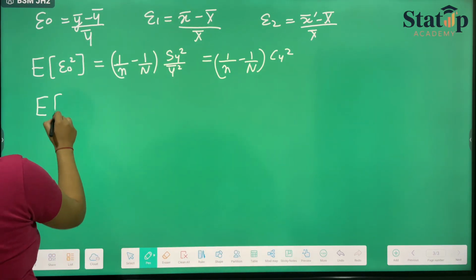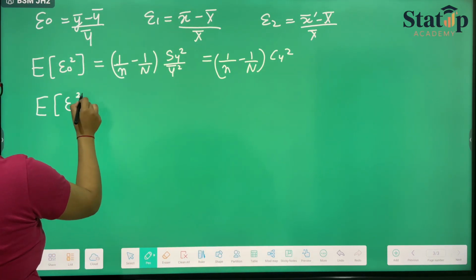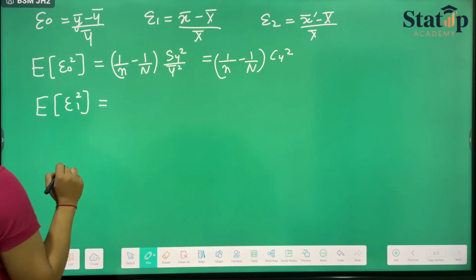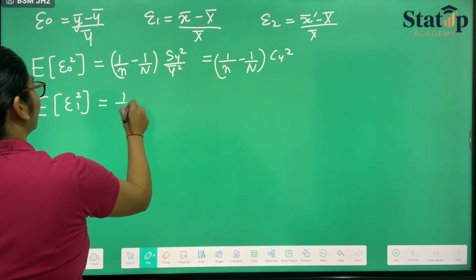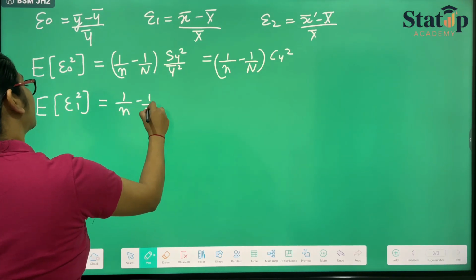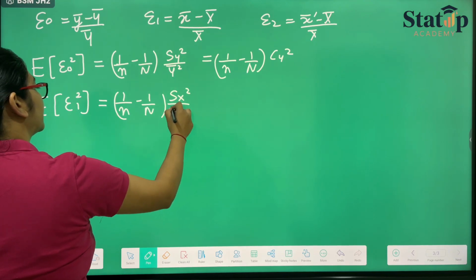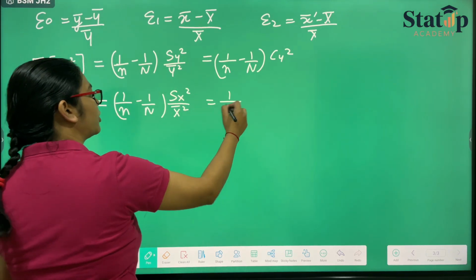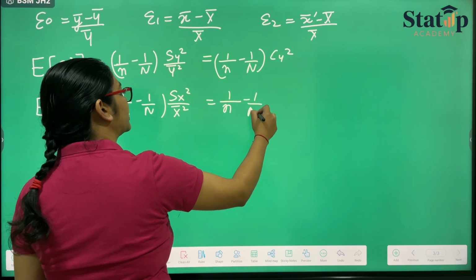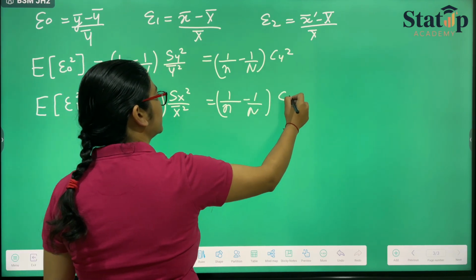The expectation of epsilon 1 square is equal to 1 upon n minus 1 upon capital N sx square upon x bar square, which is 1 upon n minus 1 upon capital N cx square.